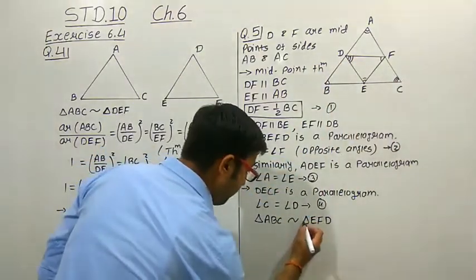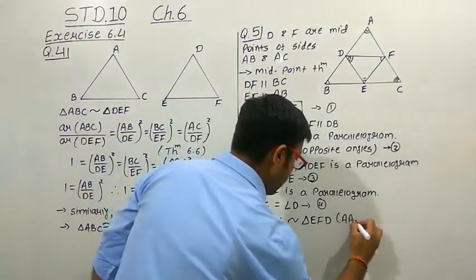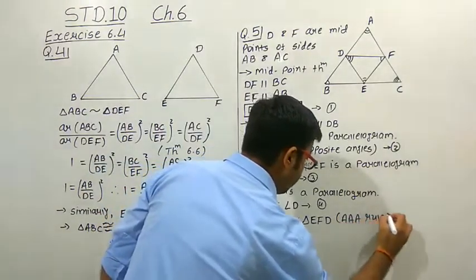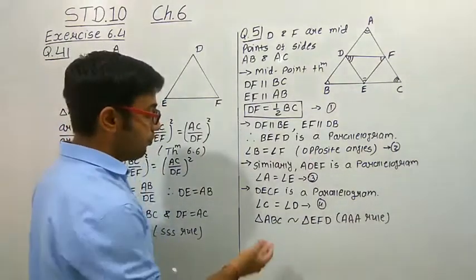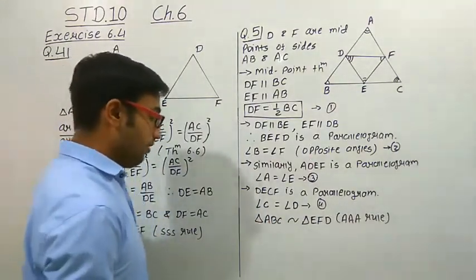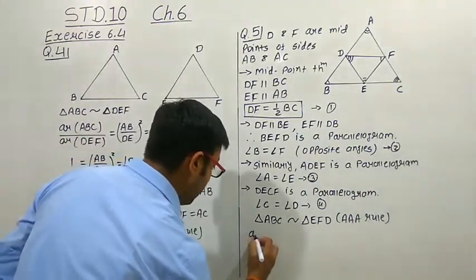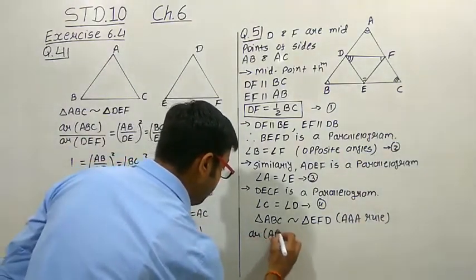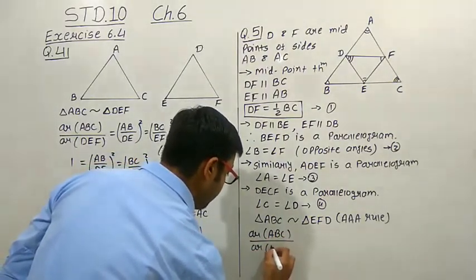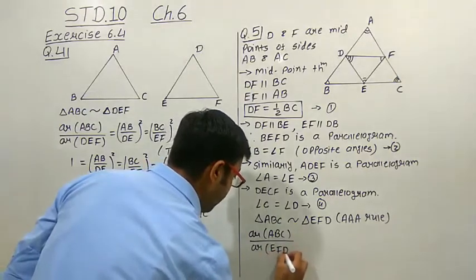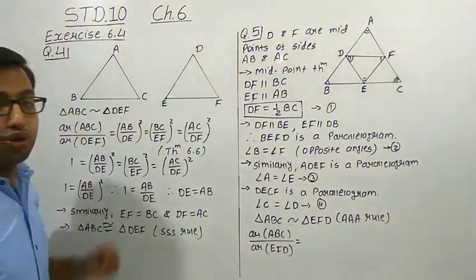So now, as we have proved that the two triangles are similar according to the angle rule, now we have to find out the ratio of the areas of both these triangles. So we can write down according to theorem 6.6 that area of ABC upon area of EFD is equal to the square of the corresponding sides.